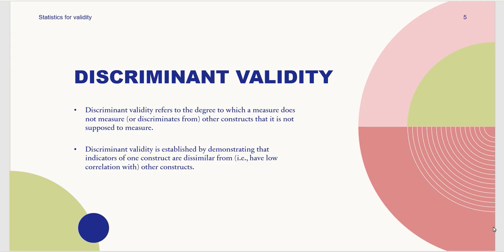Discriminant validity is discussed here in the first part. Discriminant validity refers to the degree to which a measure does not measure or discriminates from other constructs that it is not supposed to measure.